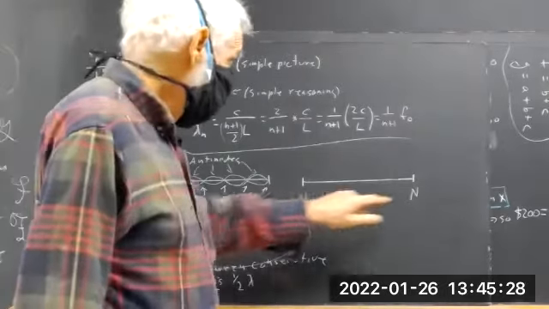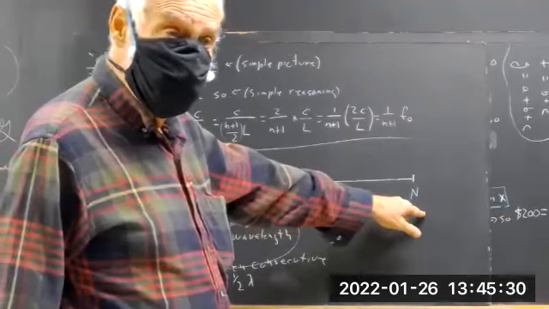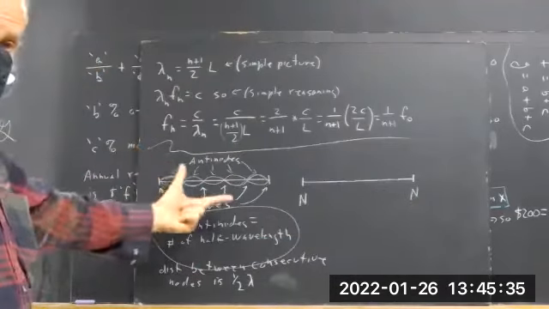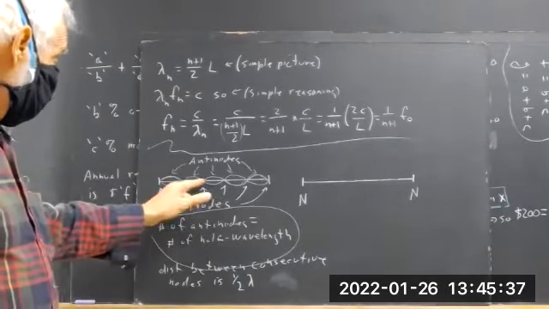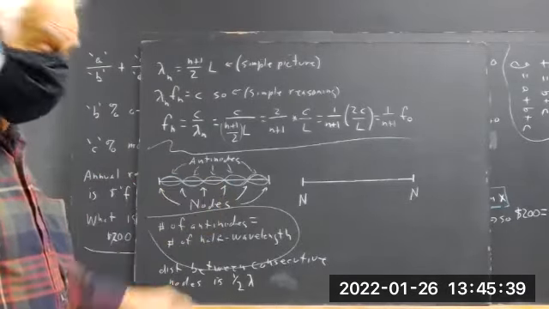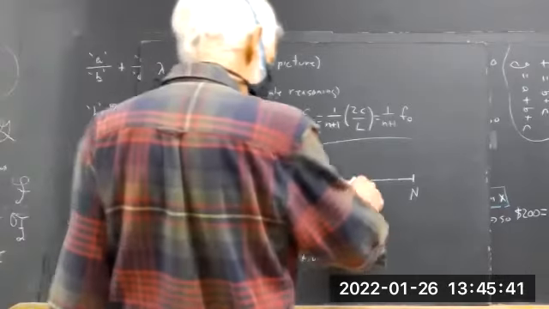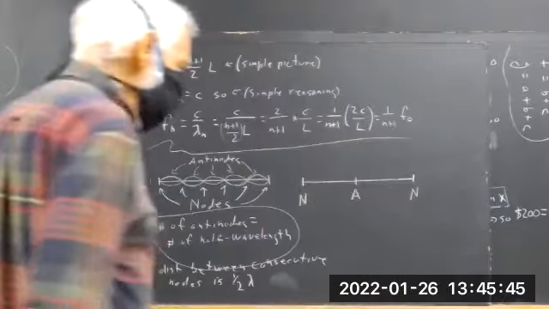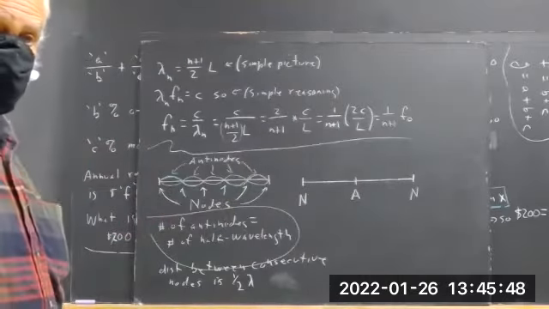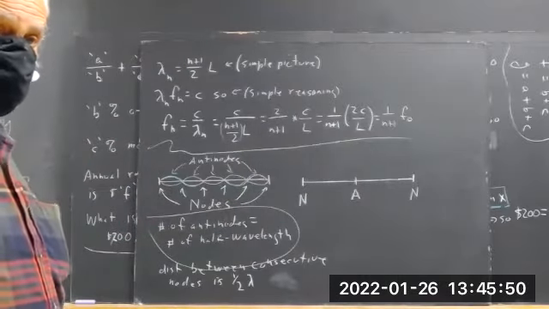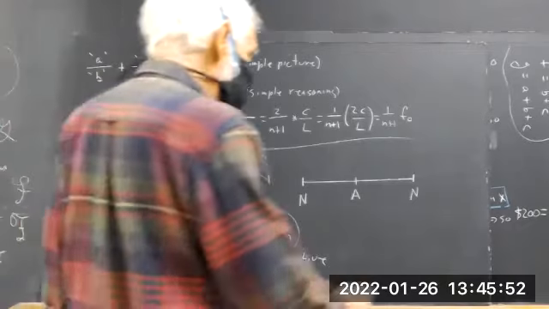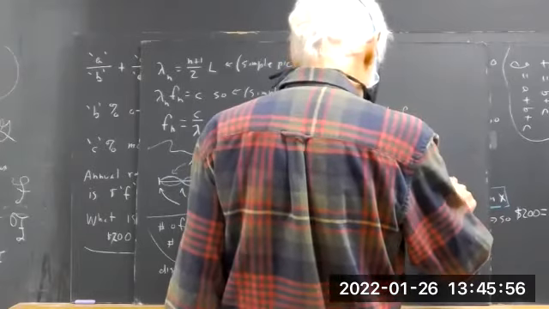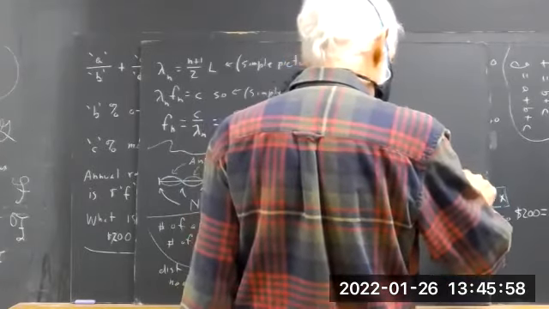You have a node at each end, and between any two nodes, you have to have an antinode, because that's obvious, right? Between a node and a node, there's an antinode. So right here is your fundamental configuration, right? This would be your lambda over 2 node, your fundamental.